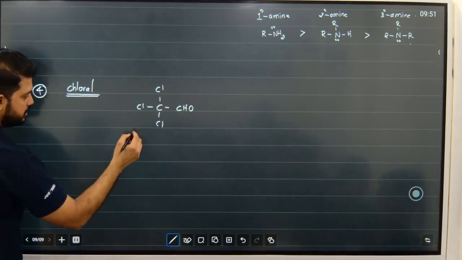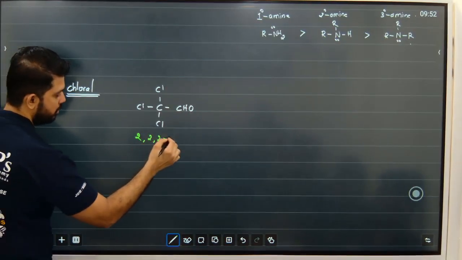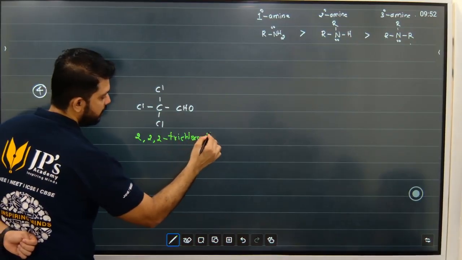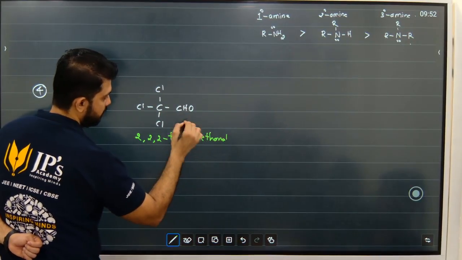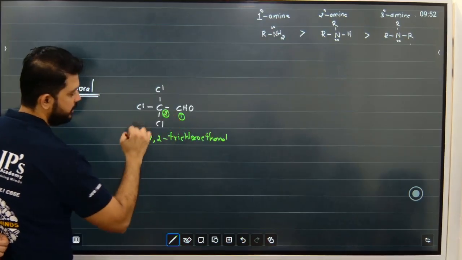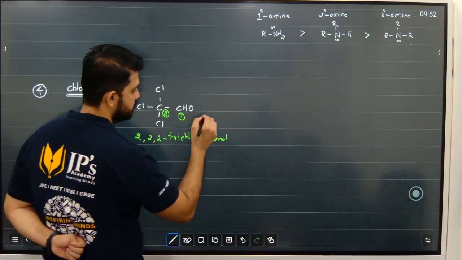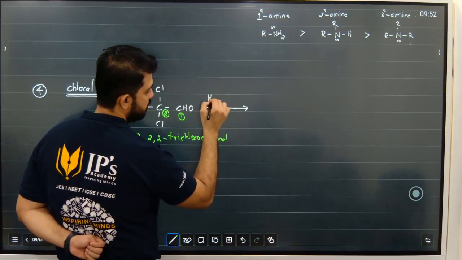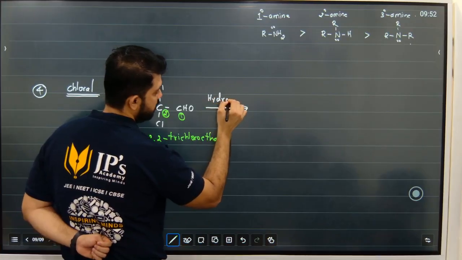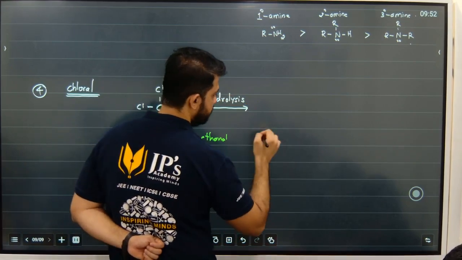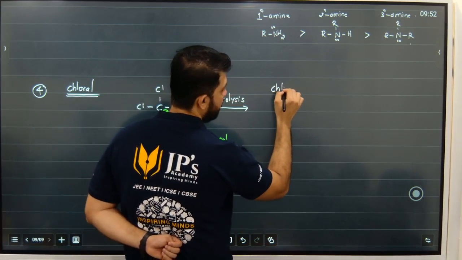It is called as 2,2,2-trichloroethanol. This is a derivative of ethanol. Now chloral ka when you perform hydrolysis, you get chloral hydrate.